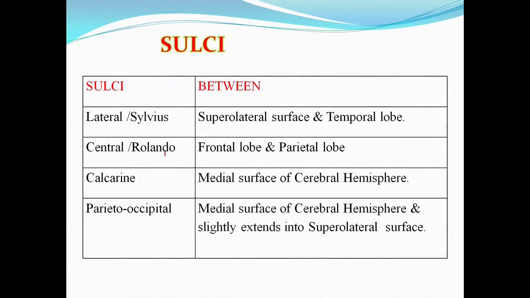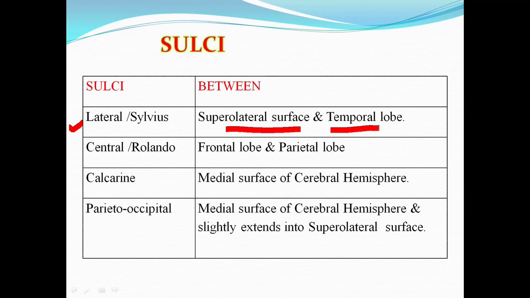Now we will be learning about the sulci and gyri. The main sulci are the lateral sulcus or the Sylvian sulcus, which separates the superolateral surface from the temporal lobe.